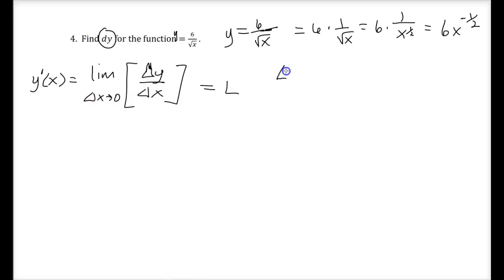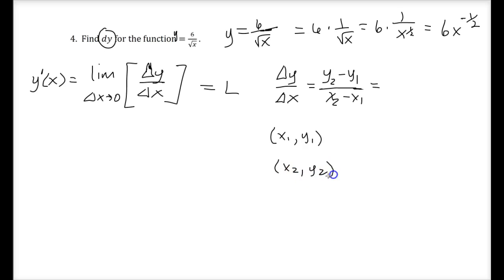If you remember, change in y over change in x is just a fancy way of writing the slope of a line. The connection here is that if we had 2 points labeled x1, y1 and x2, y2, and we wrote the first point as just x, f of x, then the second point would be h units away from that.